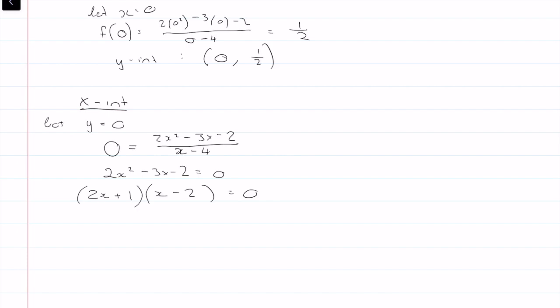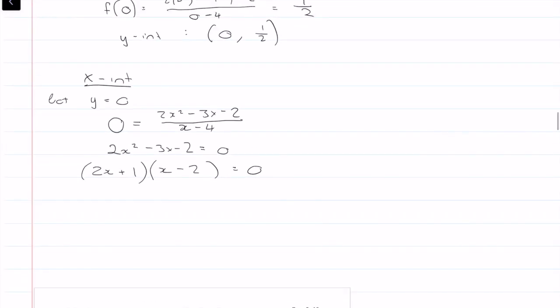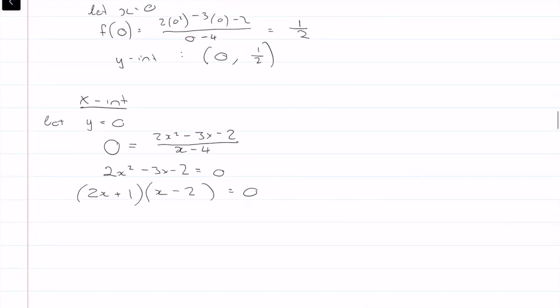Does that work out? The outside, this times this gives us 2x squared, this times this gives us minus 2, then we have positive x with those two, and minus 4x, so minus 3x. So that's factorized correctly. Now we can just solve for x. So x is equal to minus a half, and x is equal to 2.